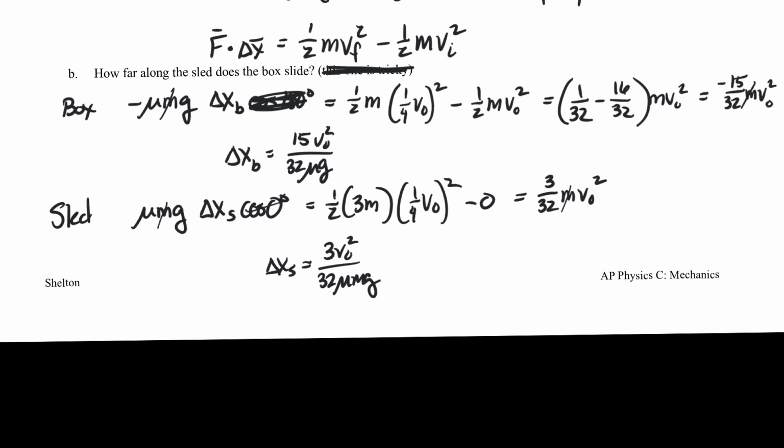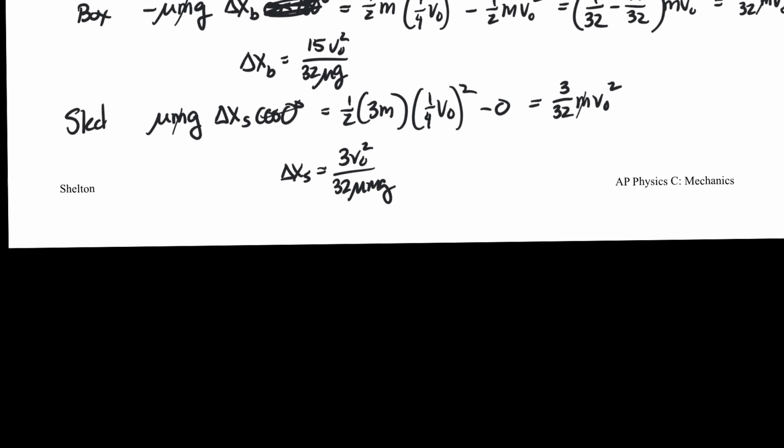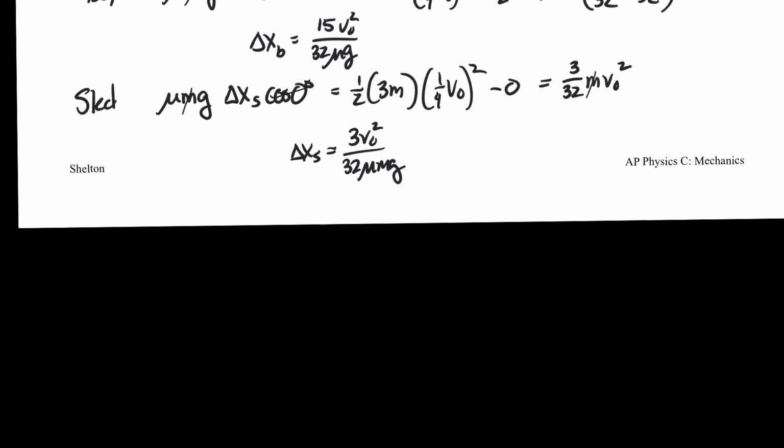All right. So I am going to subtract, and I have the same v naught squared over, I forgot, there's an m there. Let's get rid of that m. I'm sorry, bad Mr. Shelton. Be better. All right, so all of these terms have a 32 mu g in them.